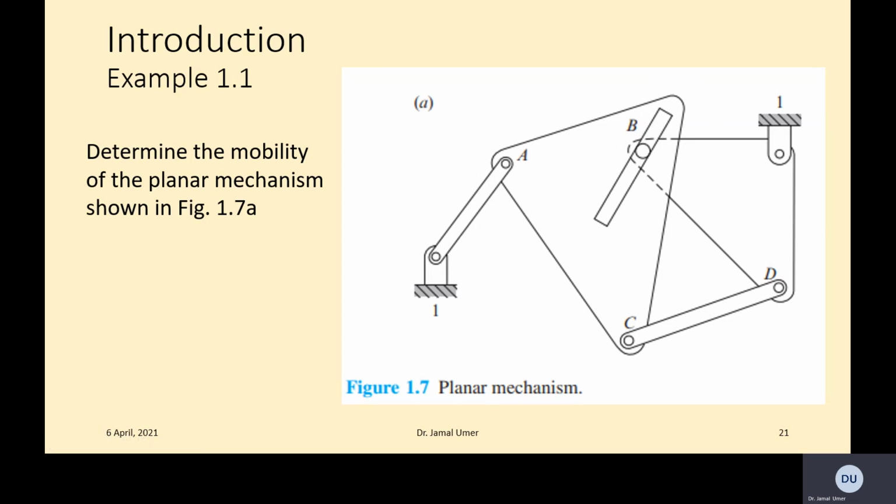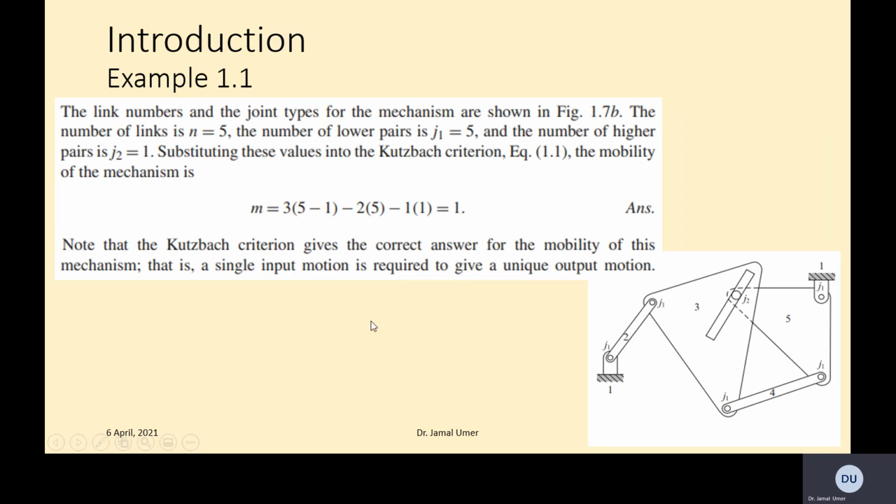So we will solve this one now. This is an example, and the solution is already provided in the book. I have taken the snapshots from the book. If anything is missing, you can visit the book, Theory of Machines by Shigley, and find the extra information. As I said, the first thing is to identify the links.